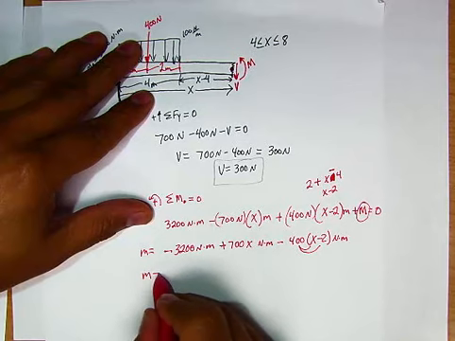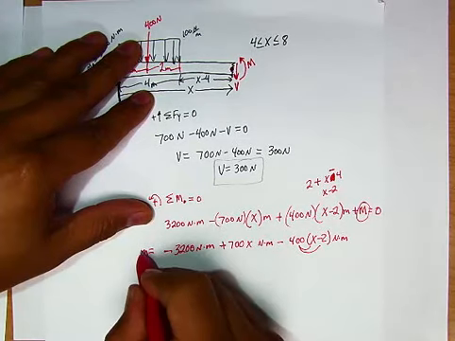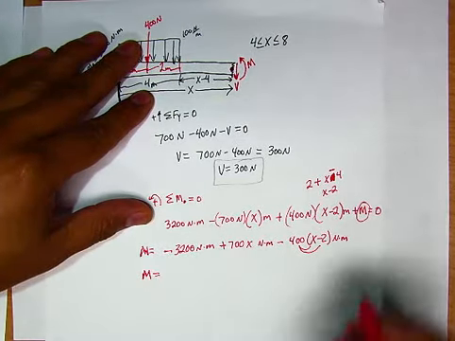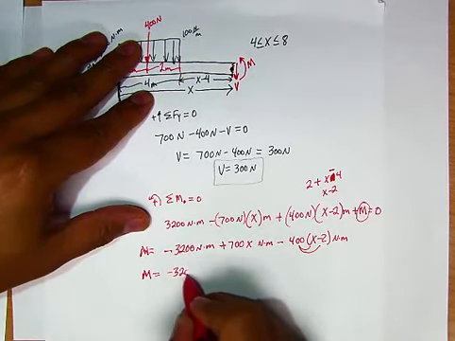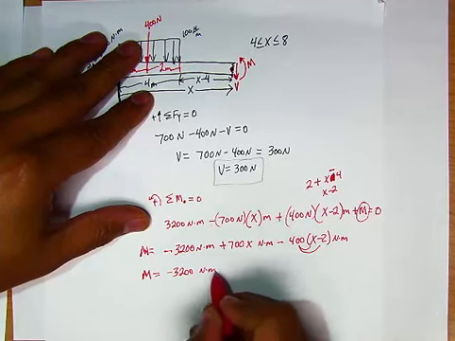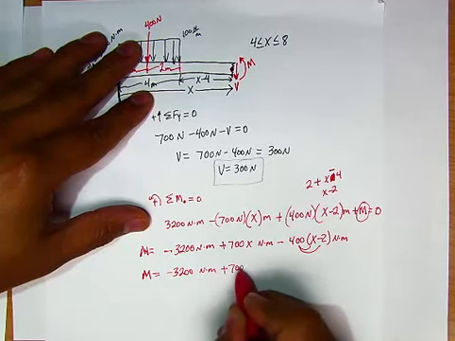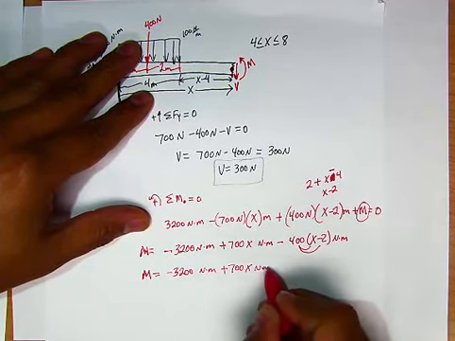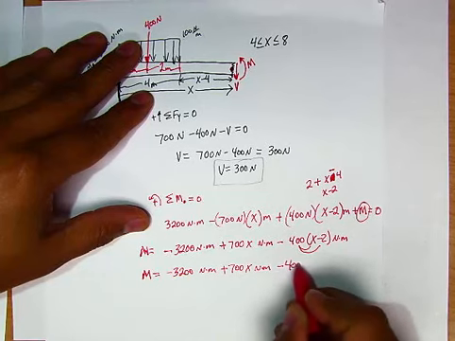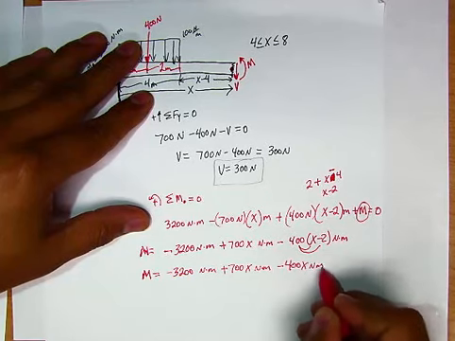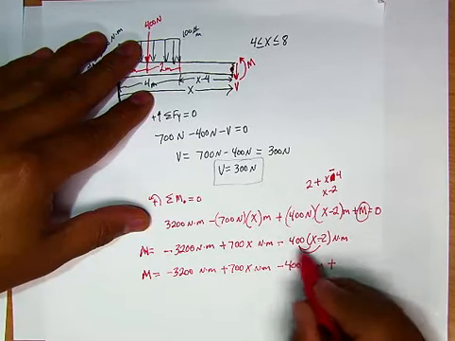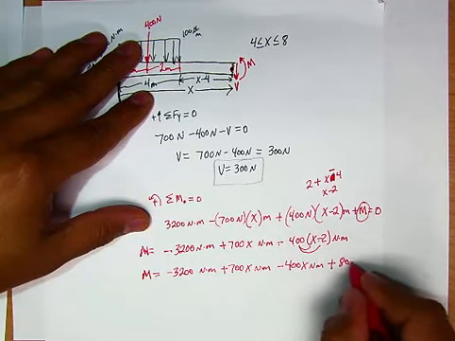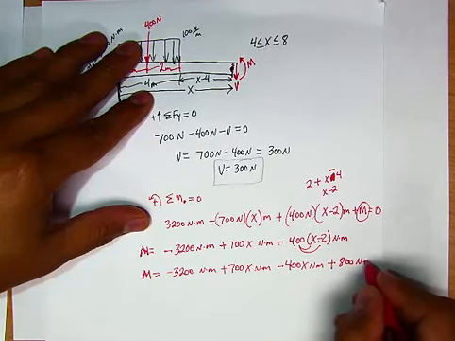So M, sorry, I keep writing capital M, equals negative 3,200 Newton meters plus 700x Newton meters minus 400x Newton meters minus, negative times negative is positive, 400 times 2 is 800 Newton meters.